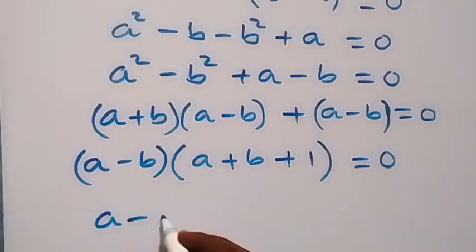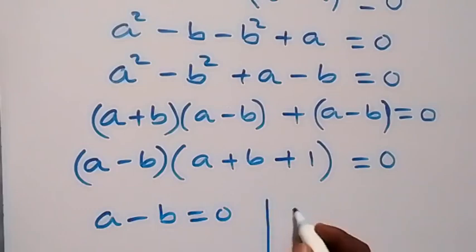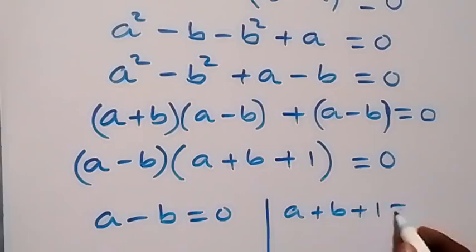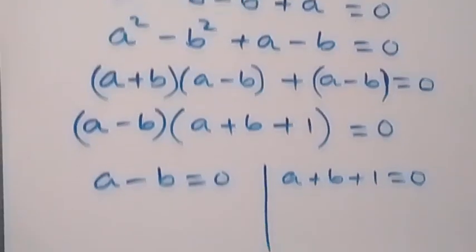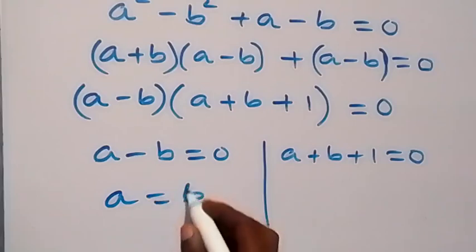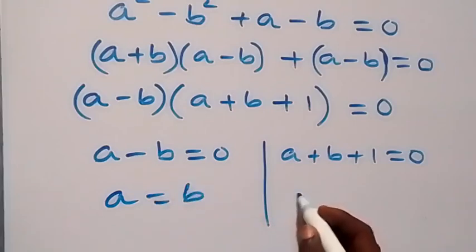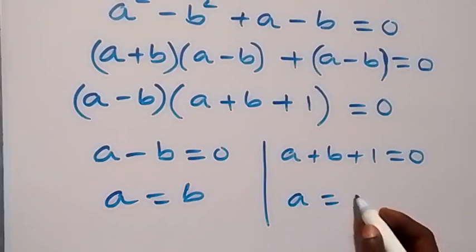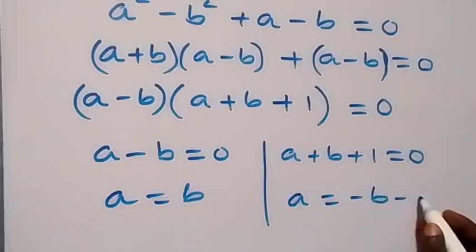Here we have A minus B equals 0, or we have A plus B plus 1 equals 0. Then on this side we have A equals B, and on this side we have A equals minus B minus 1.